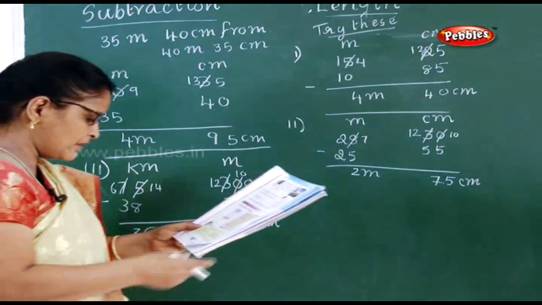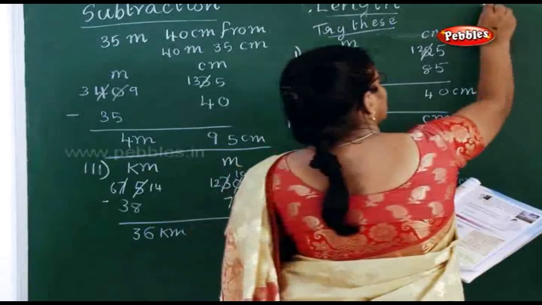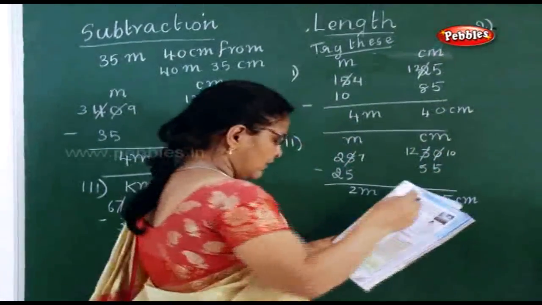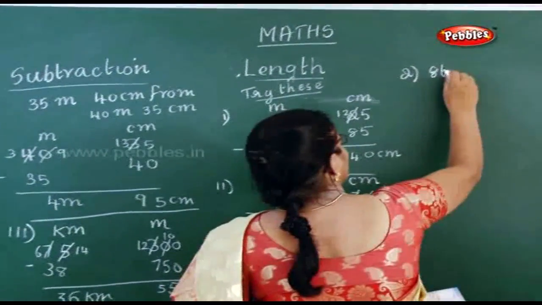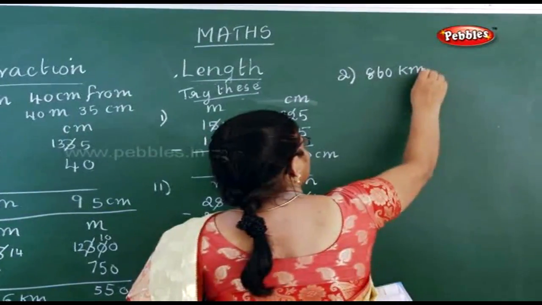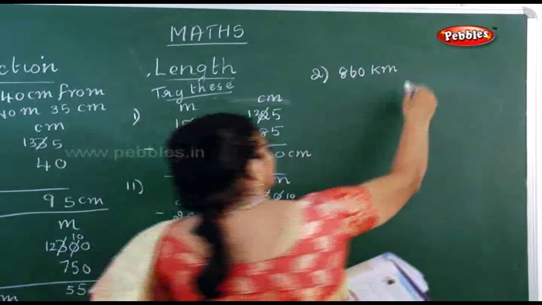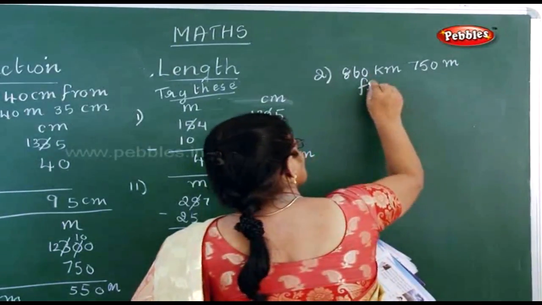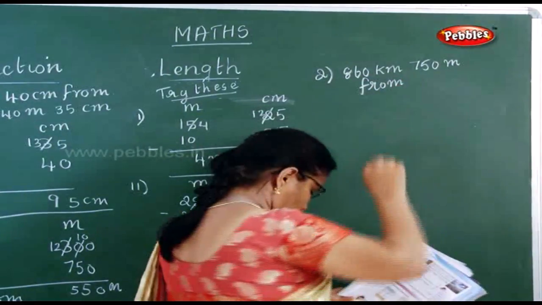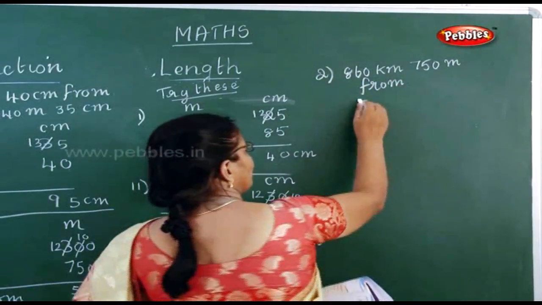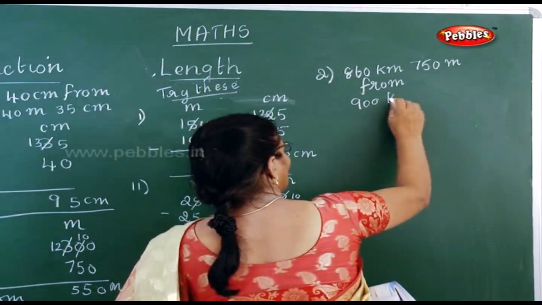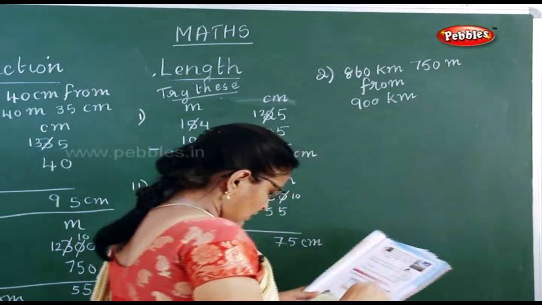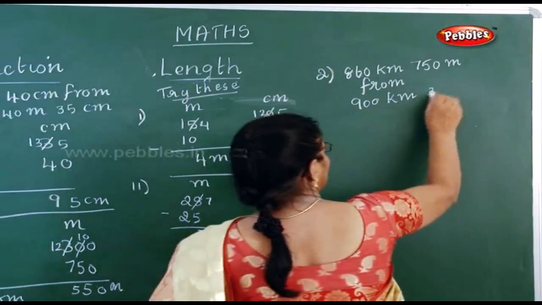Now what is the next sum they have given? Second sum. Subtract 860 kilometer 750 meter from what? 900 kilometer and 300 meter.